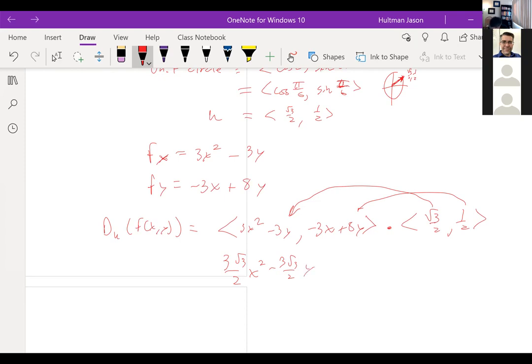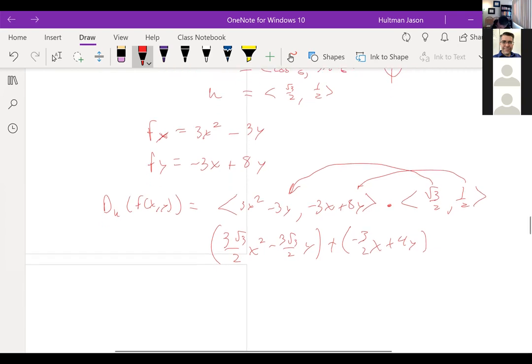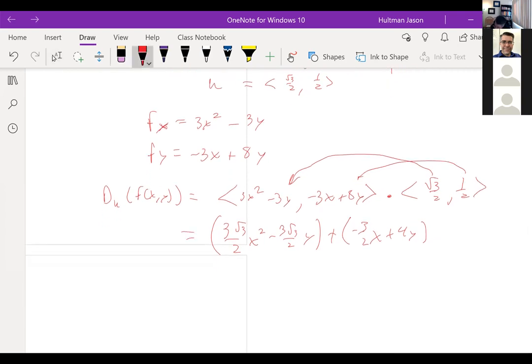Okay, and then this is going to be plus, dot producting this, so plus negative 3 over 2 x, oh sorry, this is 1/2, my bad. Negative 3 over 2 x plus 4y. Okay, and what I could do if I want, this is a function of x and y, I could try to simplify this by grouping the x's together and the y's together.